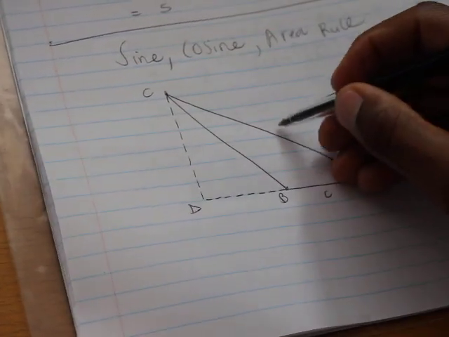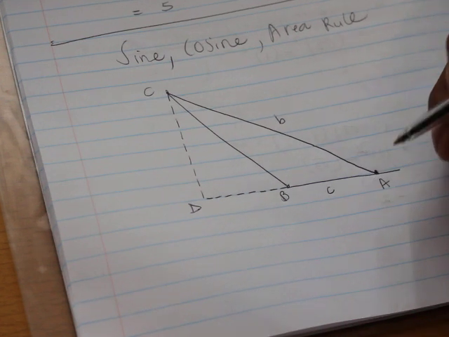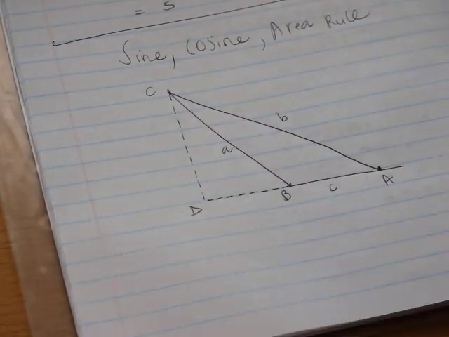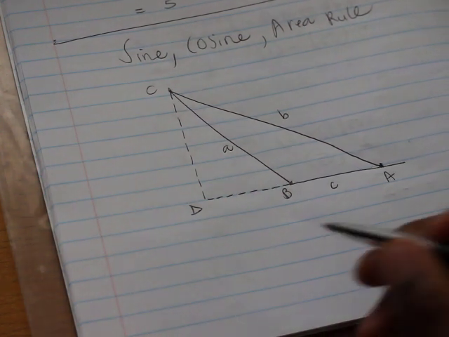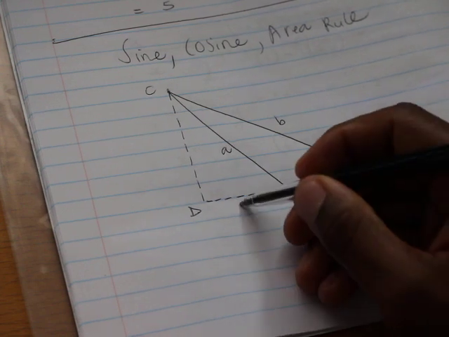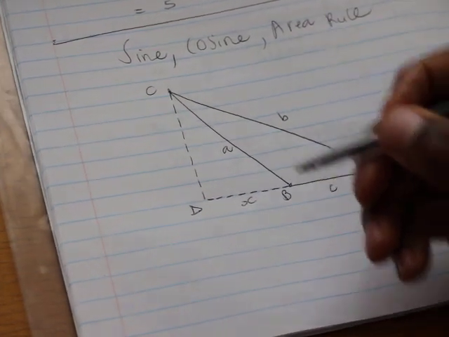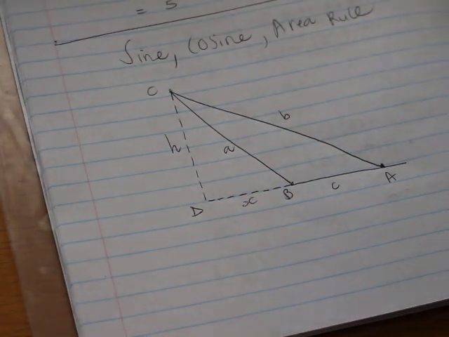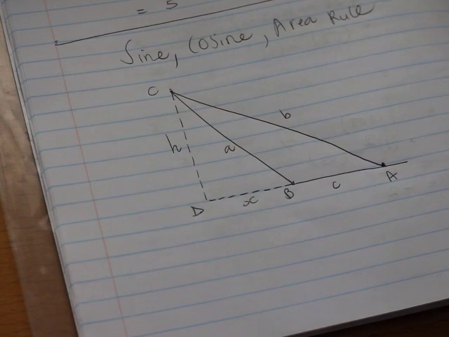If this is B, this needs to be little b. And if this is A, that needs to be little a. All right. And we'll label the side BD x. Okay. And obviously the perpendicular height, that's just going to be our h.